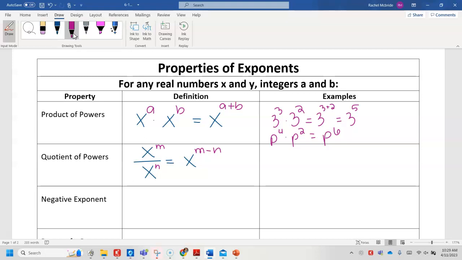So if you had numbers versus letters again, 9 cubed over 9 squared would become 9 to the 3 minus 2, or 9.